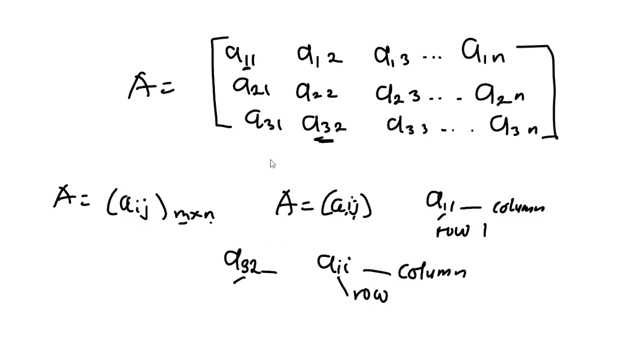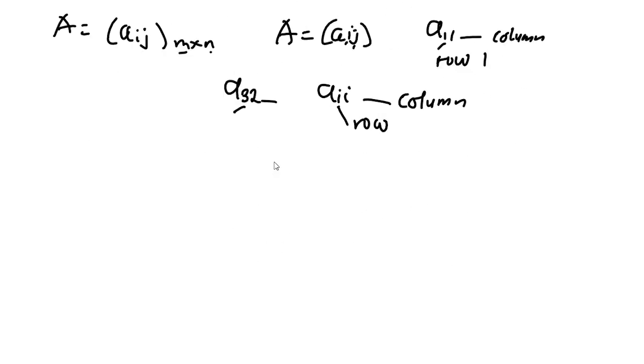Let's look at an example on that. Let's say A equals 5, negative 8, 3, 2, negative 1, and 7. First part, specify the dimension of A. What do you think will be the dimension?